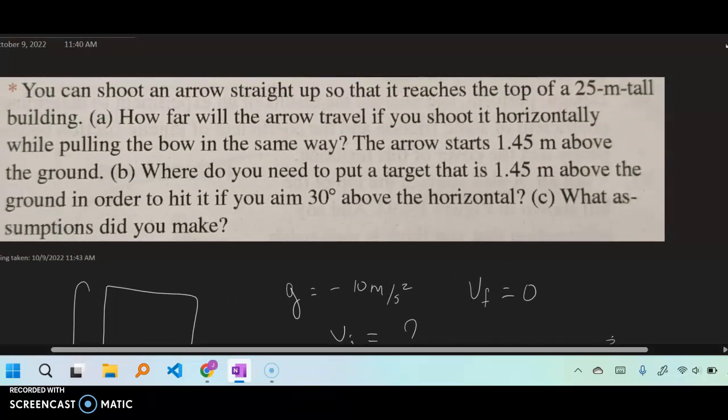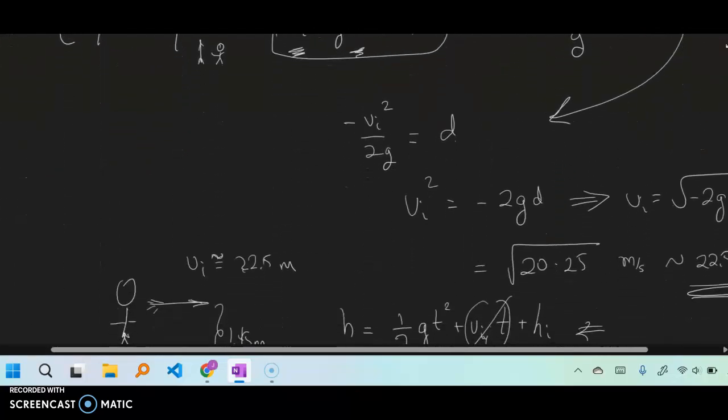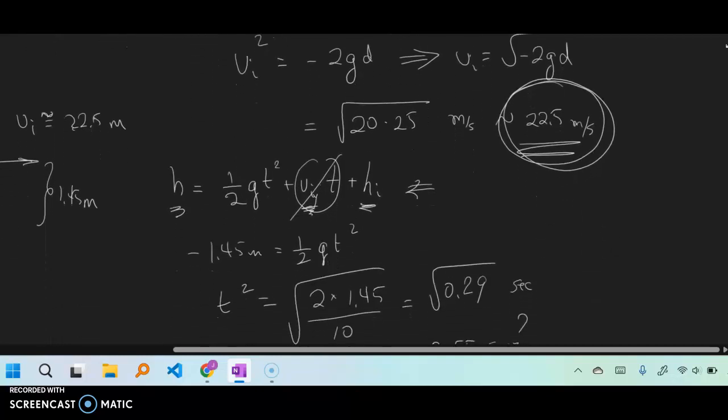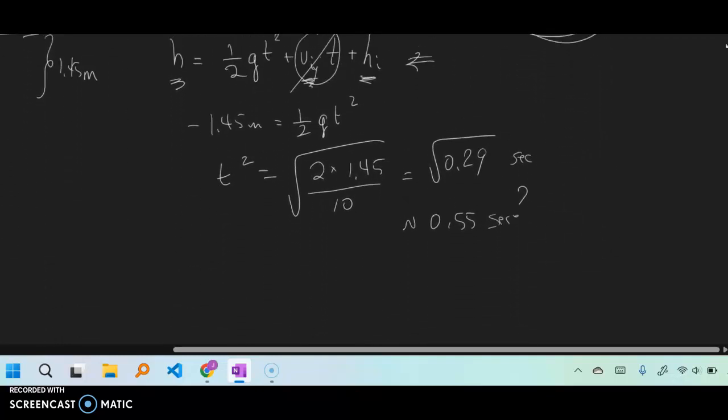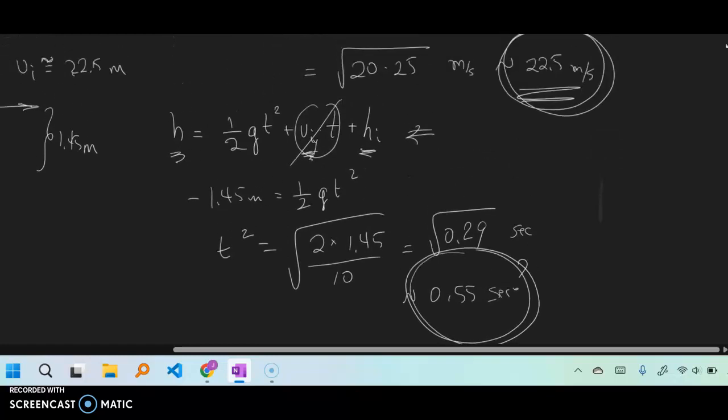Now they're asking how far the arrow will travel if you shoot it horizontally, starting at 1.5 meters. I have two numbers I can use: the initial velocity VI of the arrow when I fire it from my bow, and the amount of time it takes to hit the ground when it just falls down.